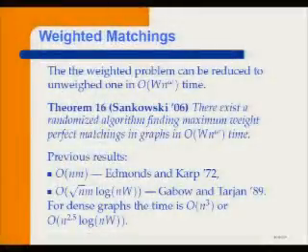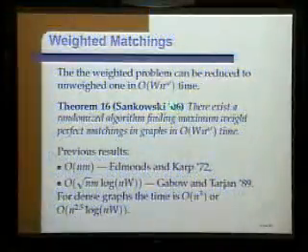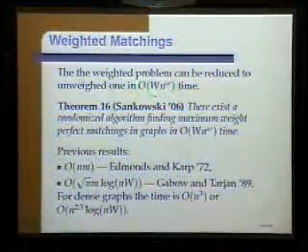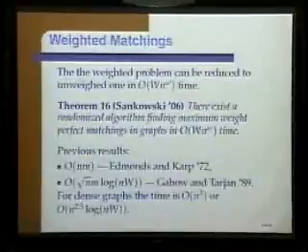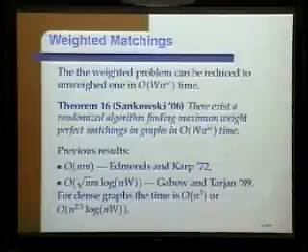And you can show that the weighted problem can be reduced to the unweighted one in this time, using this result of Storjohann. The idea is that you take the matrix which encodes the graph, but you encode the weight of the edges as polynomials.